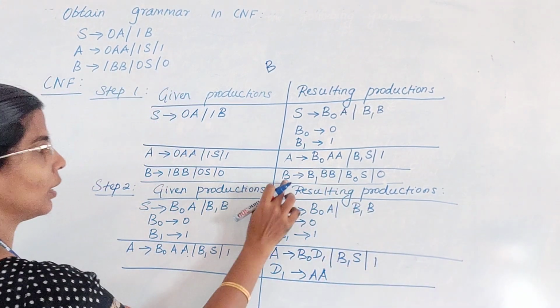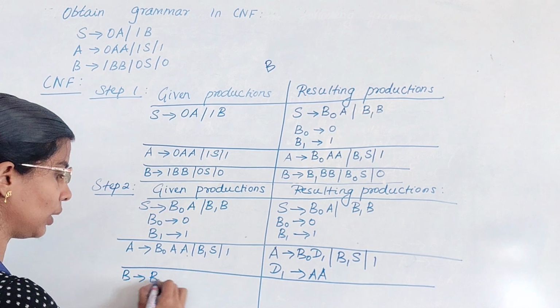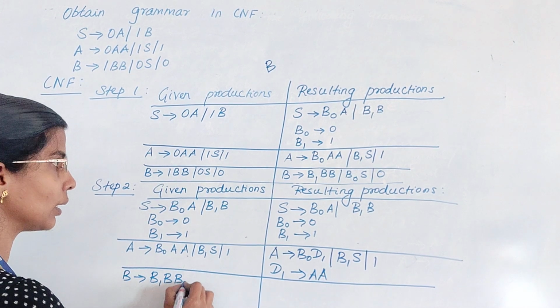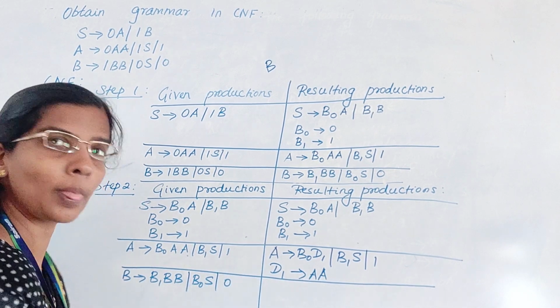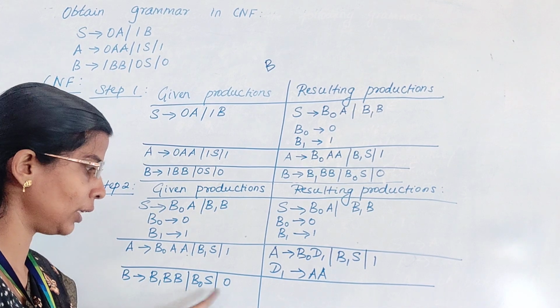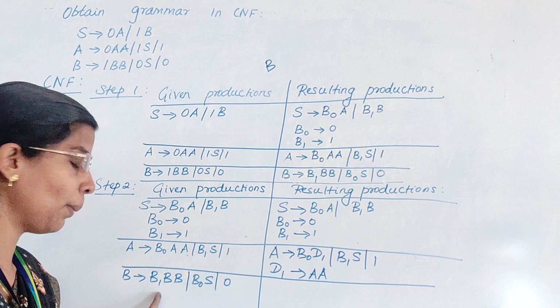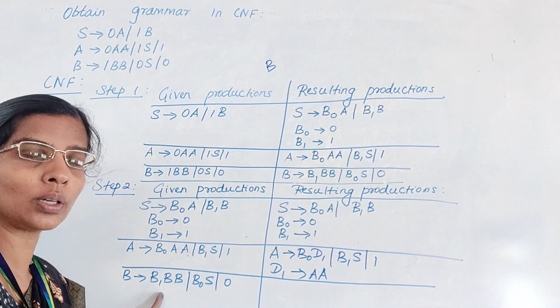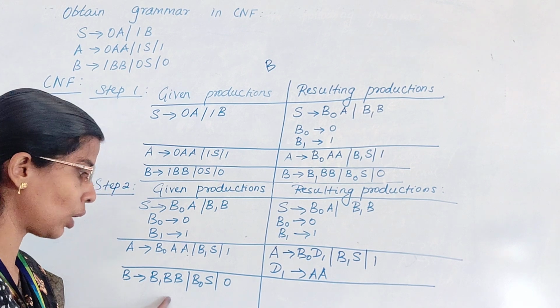Next is this one. B tends to B1 BB or B naught, yes, or 0. B naught is a 0. Again, if you check this production, these two are in the correct form: 2 non-terminals correct, single terminal correct. But this one I have more than 2 non-terminals. I have 3. So I need grouping. So how should I group?